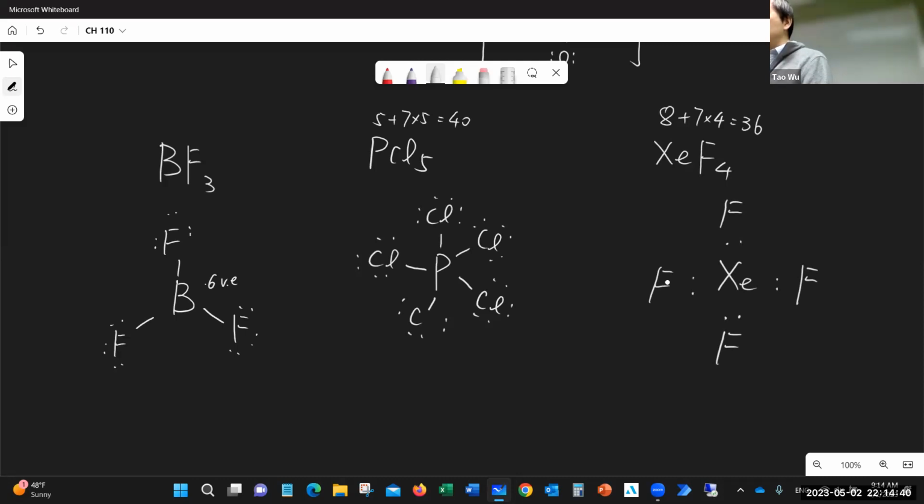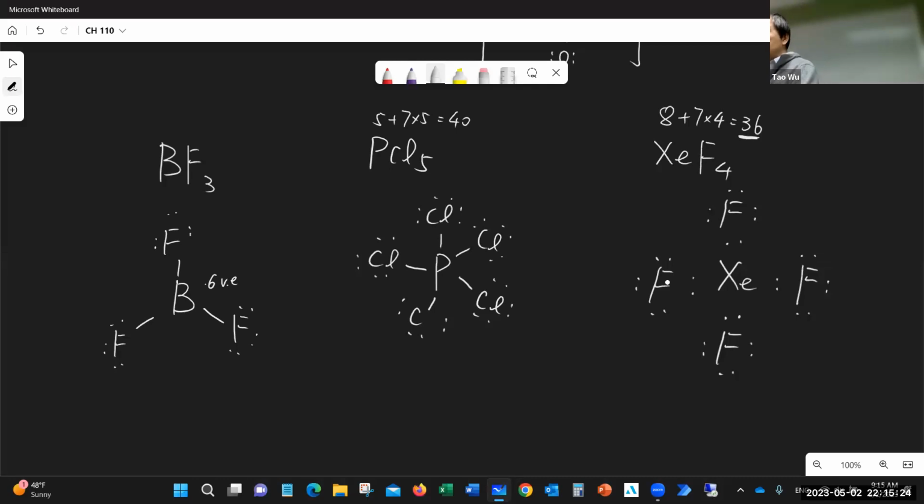Here we have 36, so once we assign 8 electrons around each fluorine, we have only assigned 32, which means we have 4 more electrons to go. Where should the dots go? The electrons should belong to the central atom.